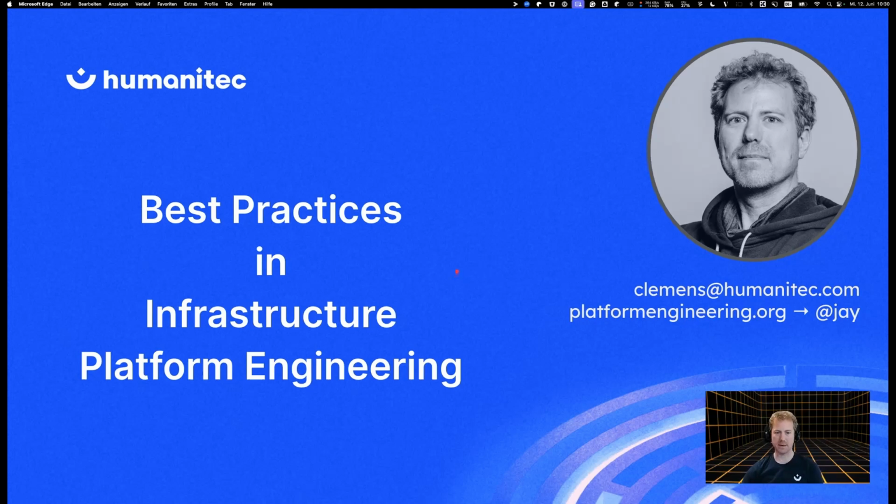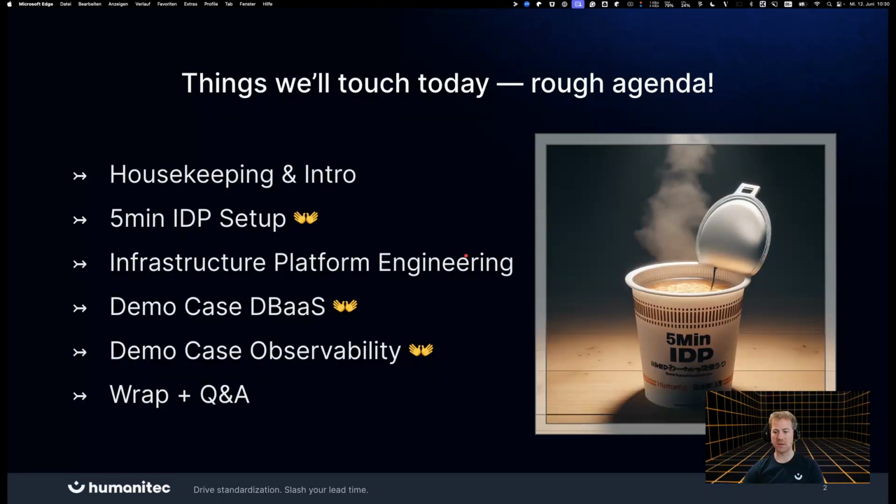All right, let's go. Things we'll touch today, a rough agenda. First, we'll talk about housekeeping and do a little bit of an intro. Then we'll have the first hands-on part. We'll use the 5-minute IDP setup to drive today. When we have completed that, we'll have a first break. Obviously, as I'm recording, I'm making this break very short.